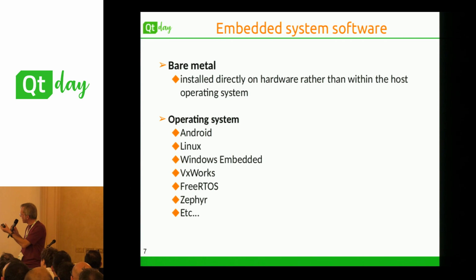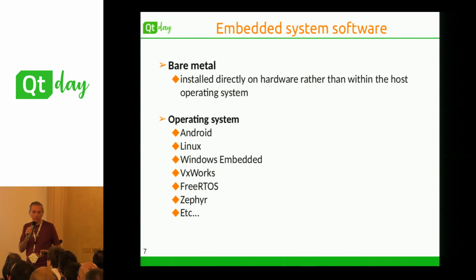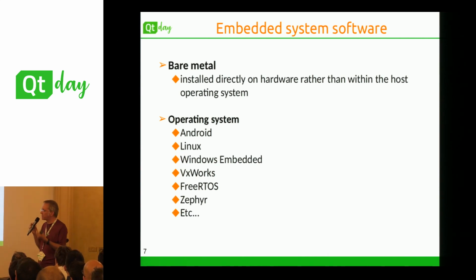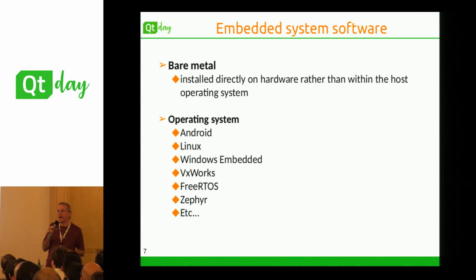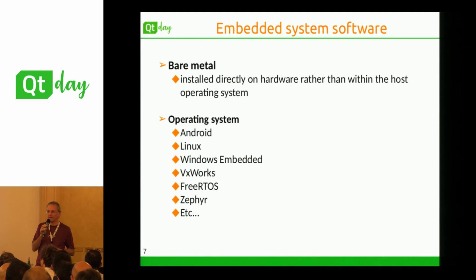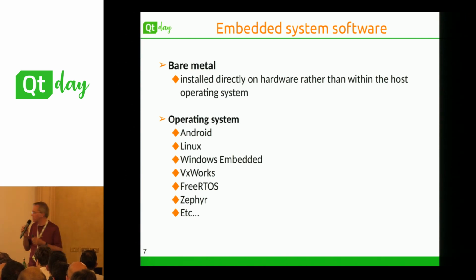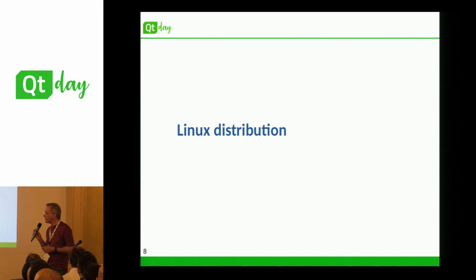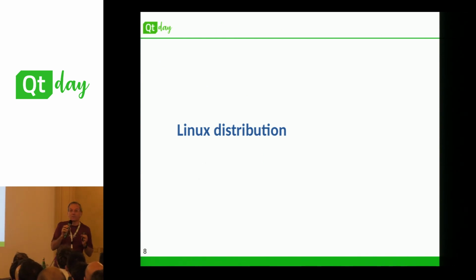There are other operating systems not supported by Qt, but interesting from our point of view because they can be adapted together with Linux, like FreeRTOS and Zephyr, which can run on Cortex-M devices, for example, to implement a kind of real-time control mechanism. Okay, said that, we can start looking inside the Linux distributions.